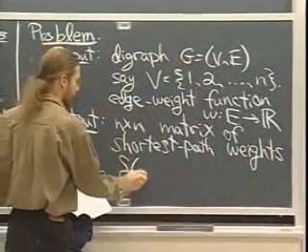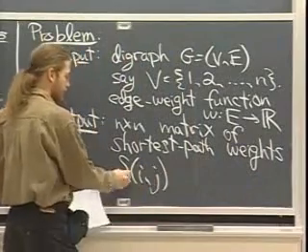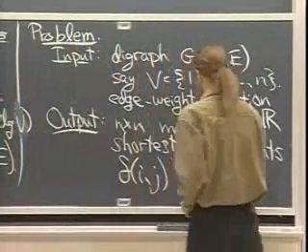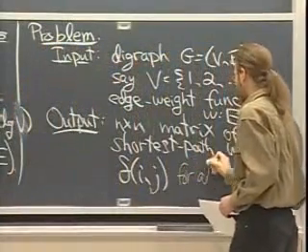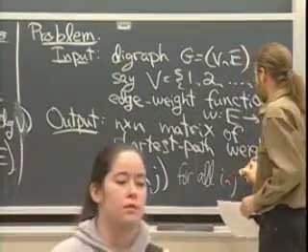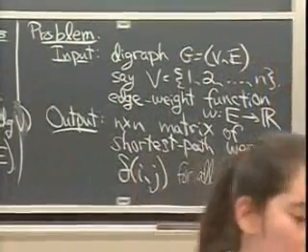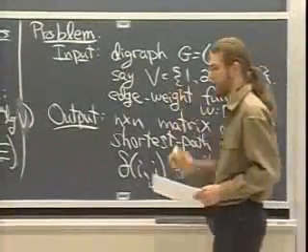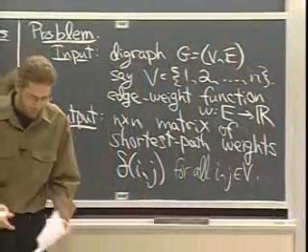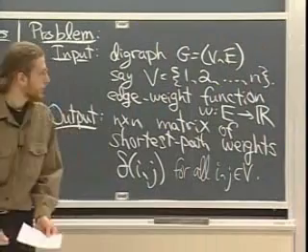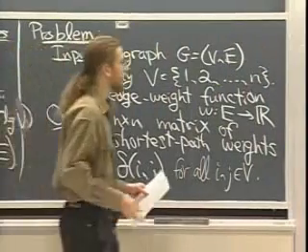So delta of i comma j is the shortest path weight from i to j for all pairs of vertices. So this you could represent as an n by n matrix in particular.